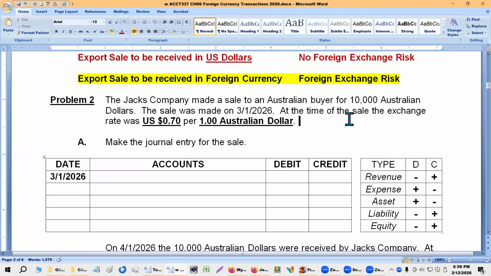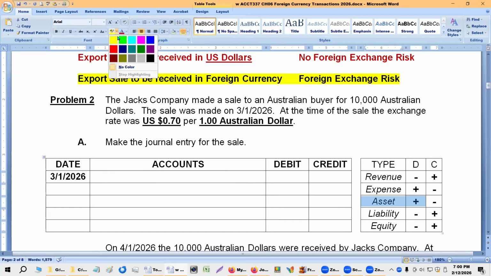Okay, let's just take in general. If we make a sale on account, what journal entries are we going to use? Sold something on account. Forget about the dollars for right now. Anyone? Accounts receivable. Yep. So accounts receivable is going to be our asset going up. I'm going to capitalize these.